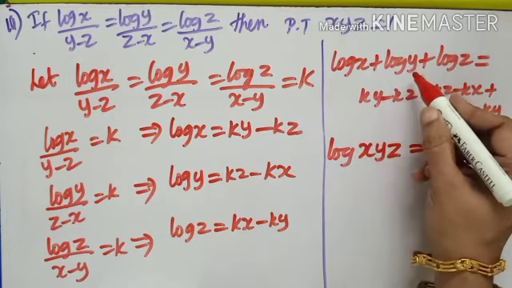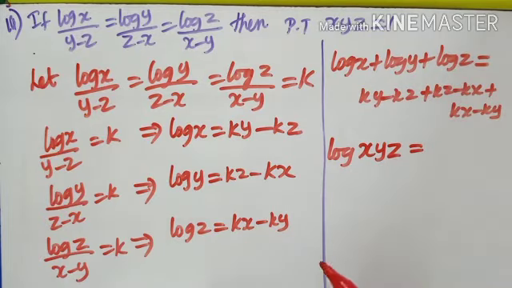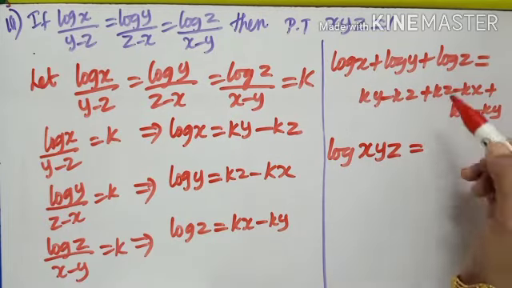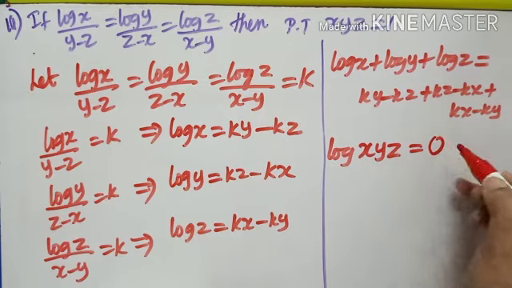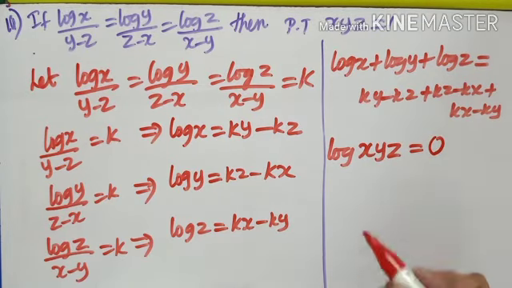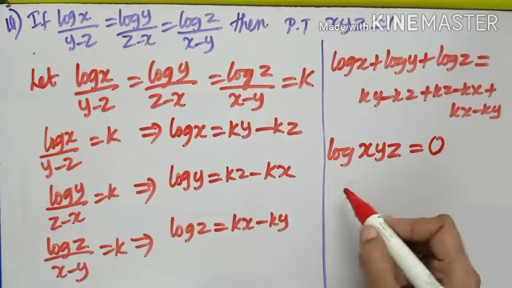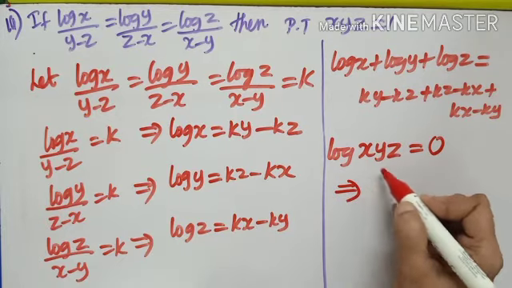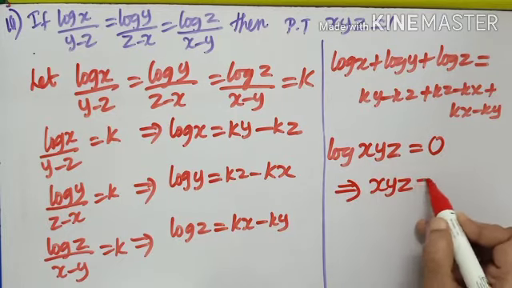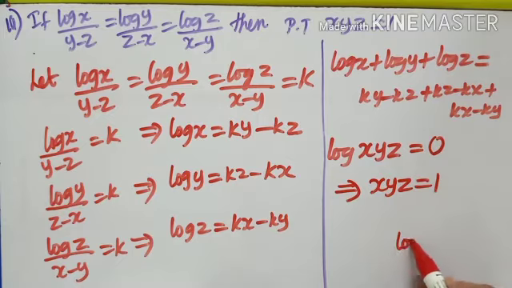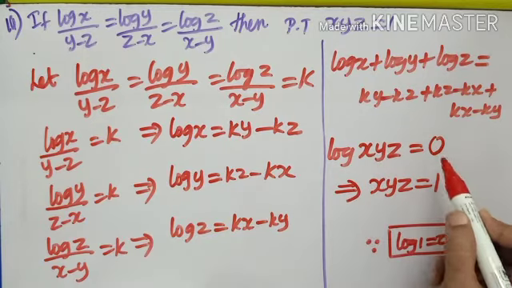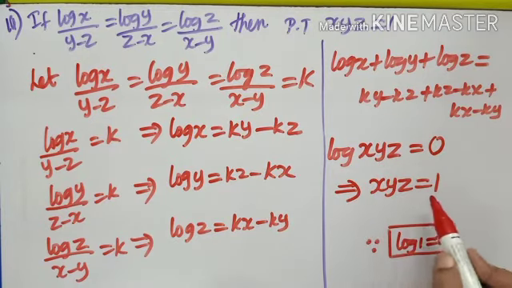So, log (x into y into z) equals ky, kx, kz. Everything gets cancelled. My answer is 0. Logarithm becomes 0 tells me whatever is here should be 1 only. We know log 1 is 0. So, log xyz equals 0 tells me xyz is equal to 1.